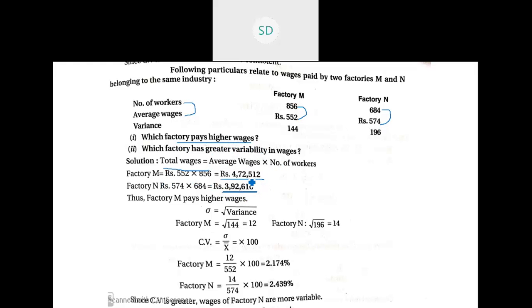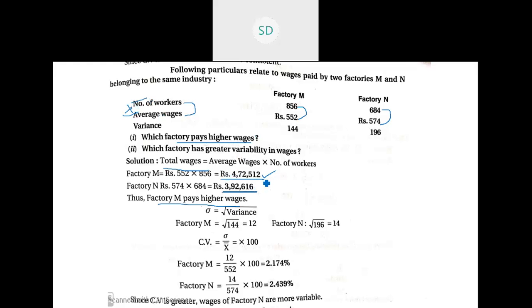If you consider both numbers, which is the highest? Factory M, with 4,72,512. I'll repeat once again: we are calculating the total wages to understand who pays the higher wages. Total wages is average wages into number of workers.